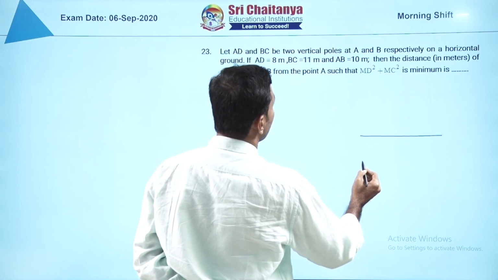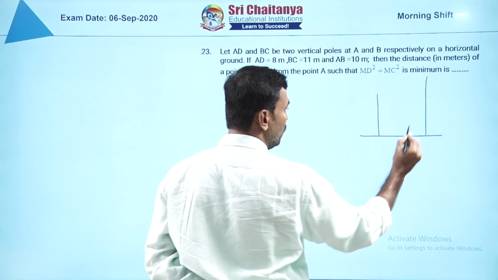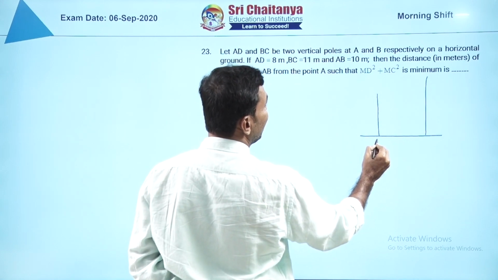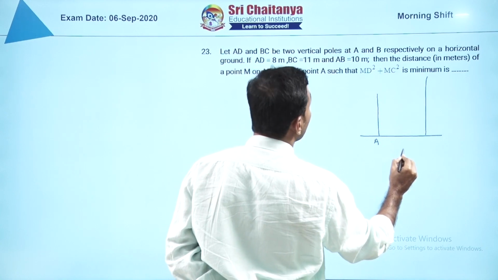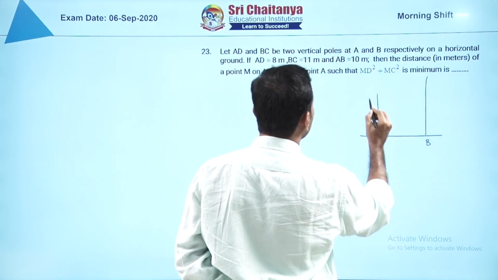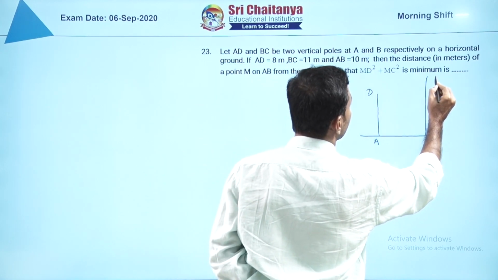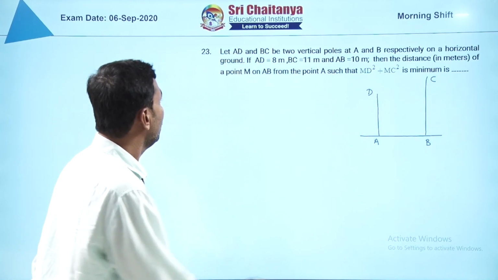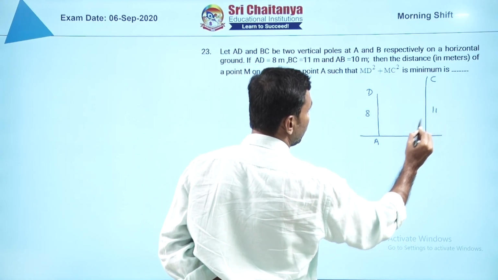AD and BC be the two vertical poles where A and B are on the ground. AD is 8 meters, BC is 11 meters, this is 8 and this is 11 meters.